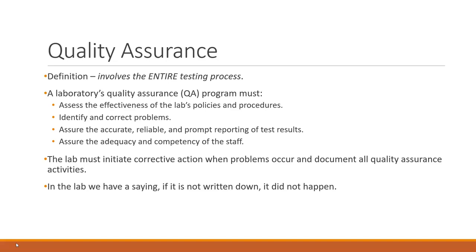You need to identify and correct the problems before running patient samples, assure the accurate, reliable, and prompt reporting of test results, and assure the adequacy and competency of the staff. There are all these different components that are part of the QA program. The lab must initiate corrective action when problems occur and document all quality assurance activities. In the lab, we have a saying, if it's not written down, it's not done.